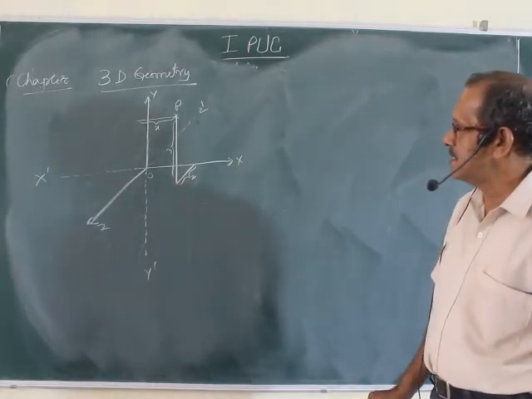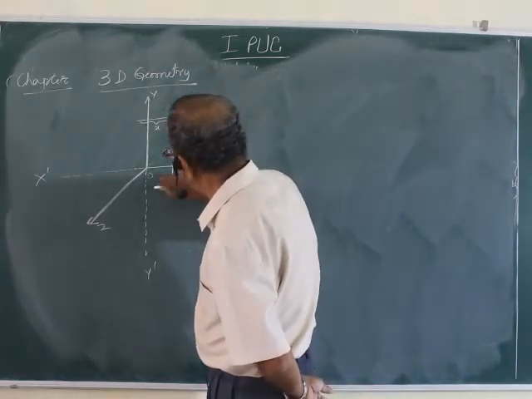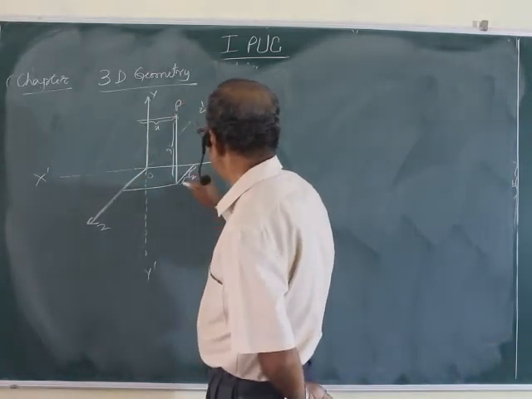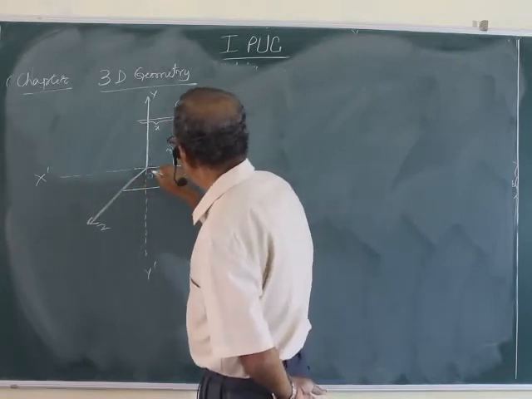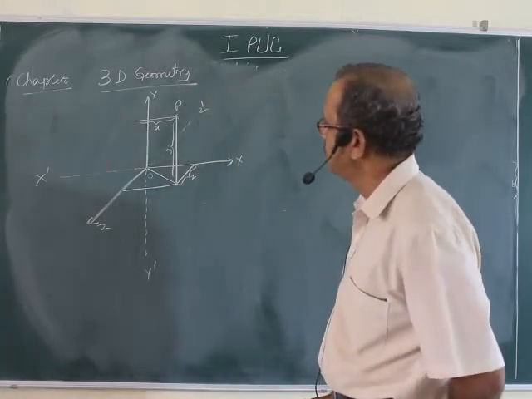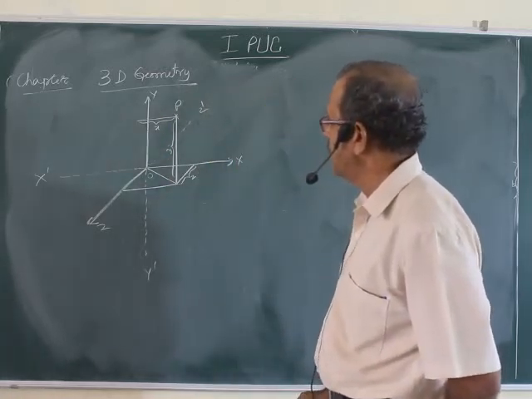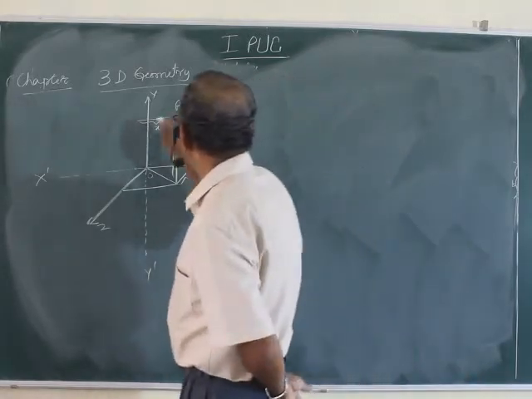Distance of the point. Drawing this particular figure is a little difficult. Do it carefully. Draw the figure carefully, because you are drawing the perpendiculars to the planes. Let me take one by one.